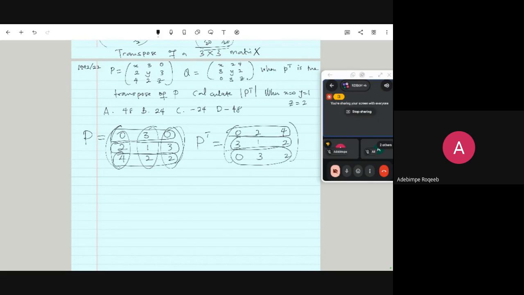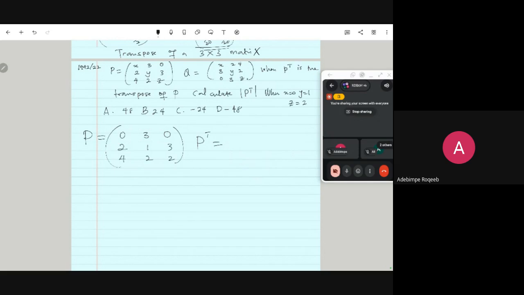When we hear the word transpose, it basically means that we should change the row into the column. This column here, change it to row.